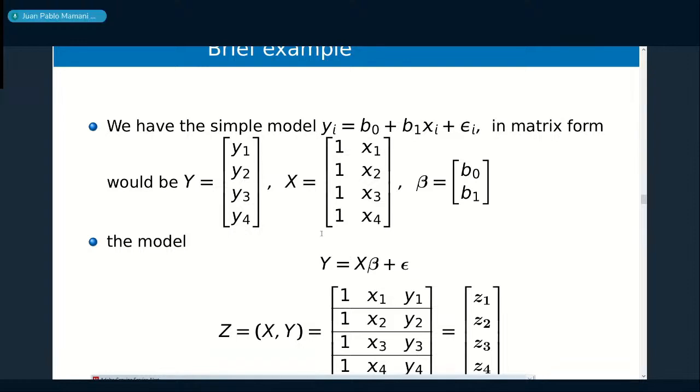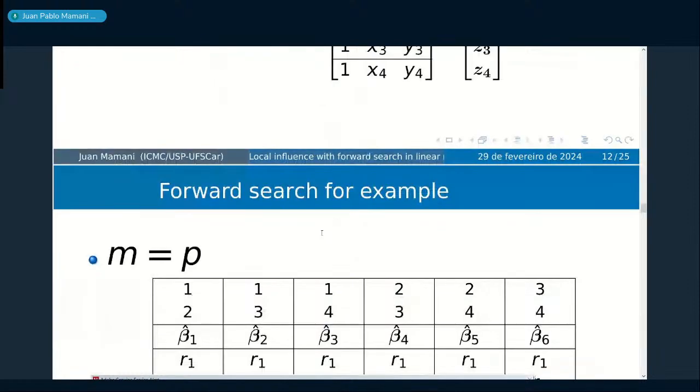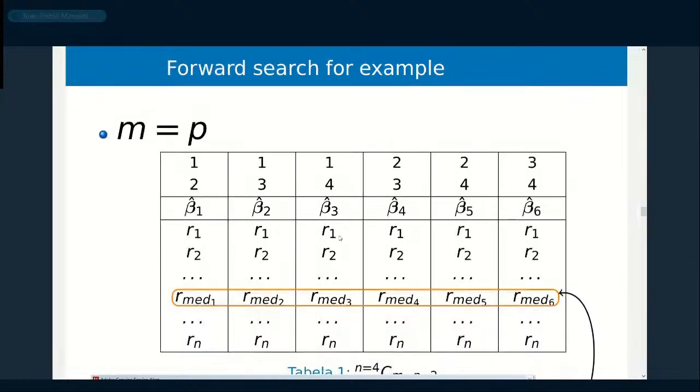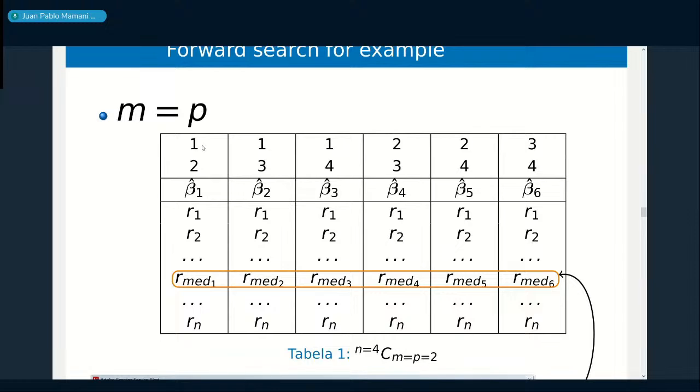The first step in the algorithm is to take groups of two elements: four combinatory with 2, which is 6, so we get 6 groups.